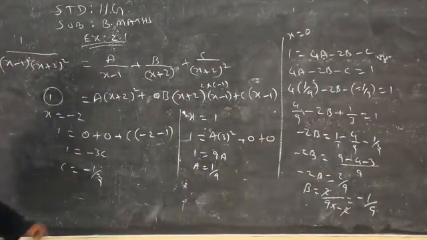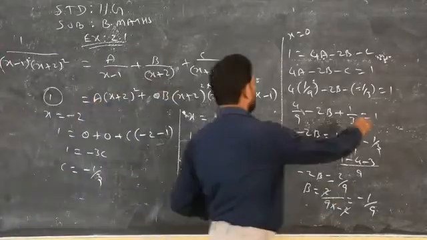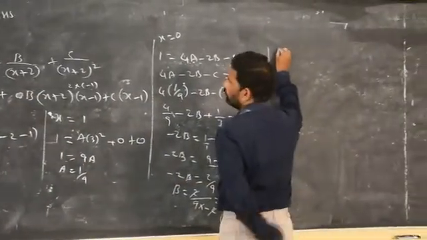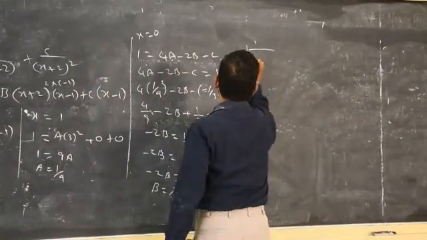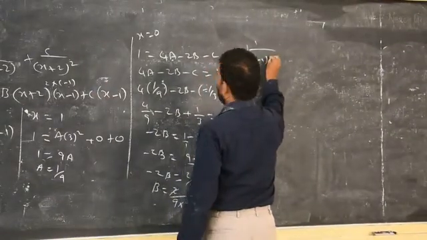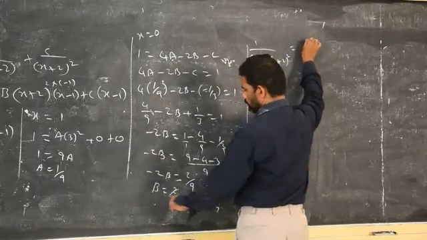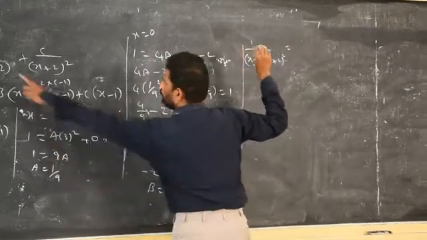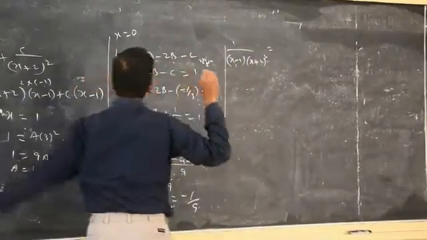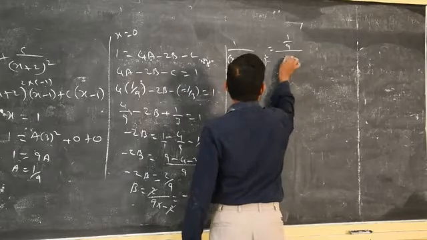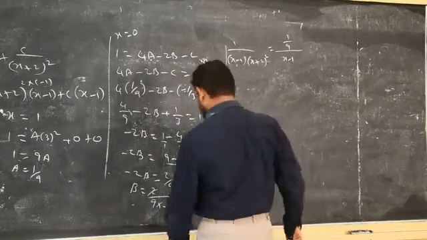Now you have to replace in the place of a by 1 by 9. That is, you have to write the question 1 by x minus 1 into x plus 2 the whole square is equal to, so what is your a value? 1 by 9. So 1 by 9 over x minus 1. So what is your b?